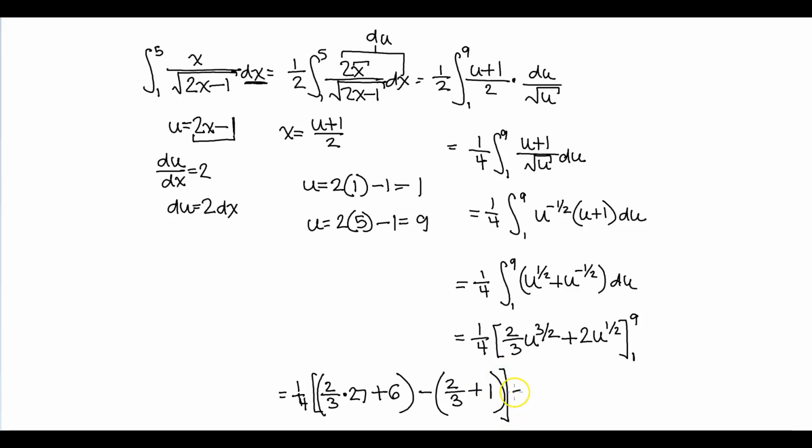So what does that get us? Let's simplify as much as possible. This gets us 9. So 2 times 9 is 18, plus 6 is 24. 24 minus 1 plus 2/3 is, that gets us 5/3.